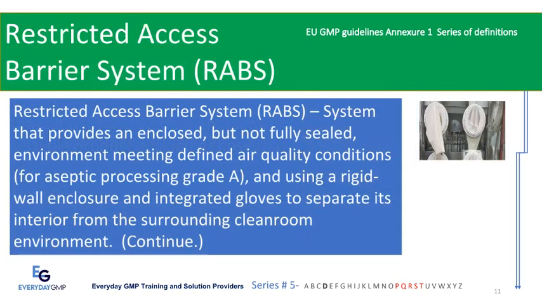Restricted Access Barrier System, RABS: a system that provides an enclosed, but not fully sealed, environment meeting defined air quality conditions for aseptic processing, grade A, and using a rigid wall enclosure and integrated gloves to separate its interior from the surrounding cleanroom environment.